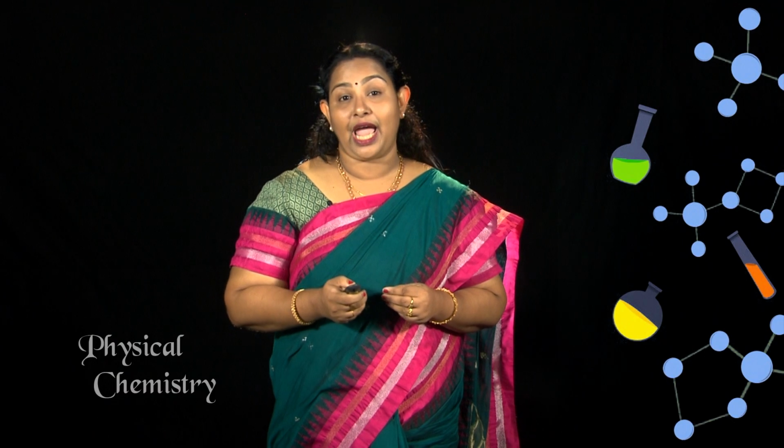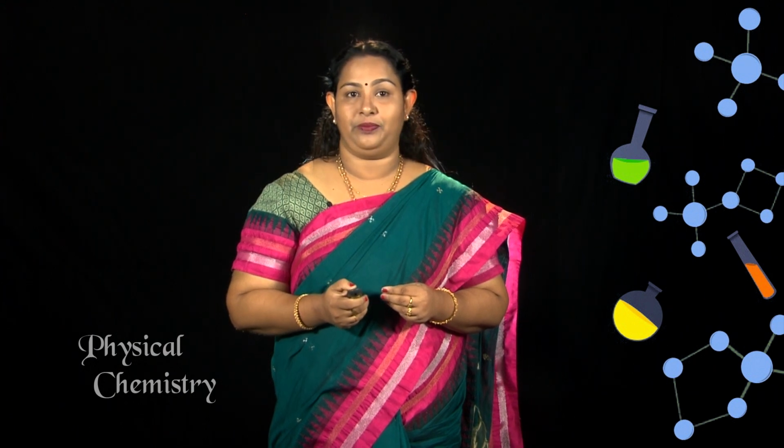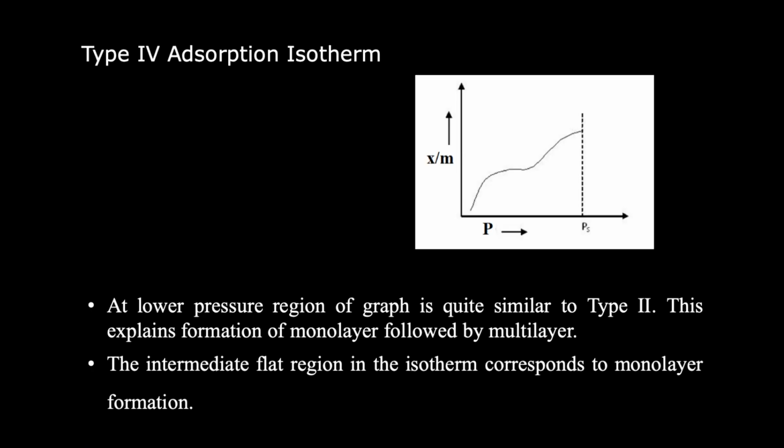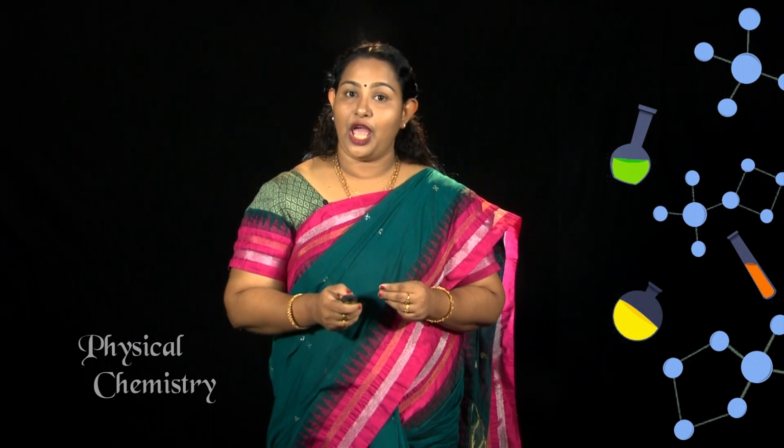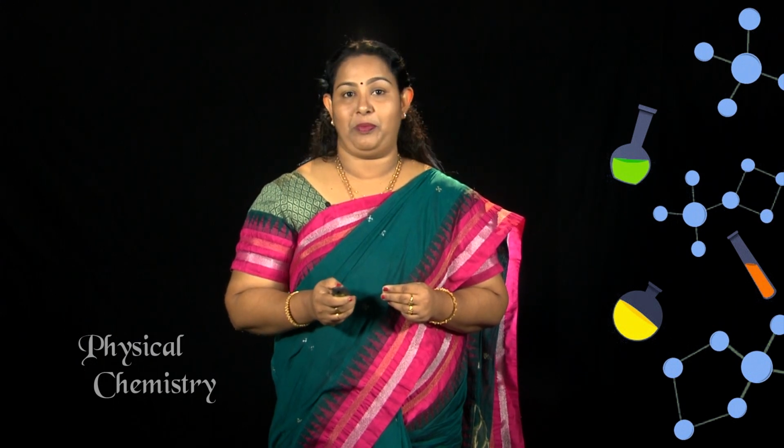Next is type 4 adsorption isotherm. In type 4 adsorption isotherm, at lower pressure, the region of the graph is quite similar to type 2. This explains formation of monolayer followed by multilayer. The intermediate flat region in the isotherm corresponds to monolayer formation. The saturation level reaches at a pressure below the saturation vapor pressure.